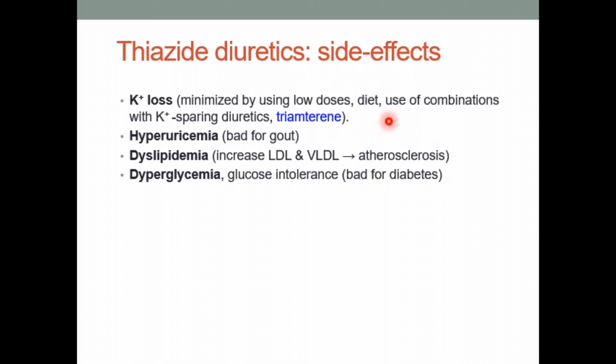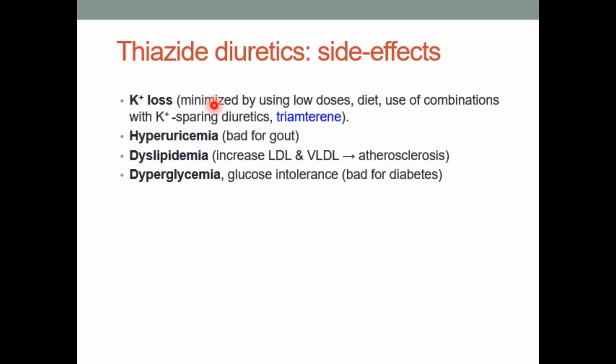You have to take a diet which is rich in potassium, and you can combine it with another diuretic called a potassium sparing diuretic, triamterene. Thiazide causes potassium loss, but this potassium sparing diuretic spares potassium. I mean, it does not cause potassium loss, so a combination of it would be ideal.